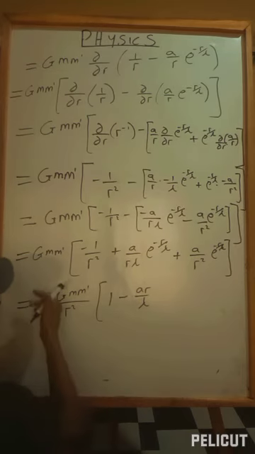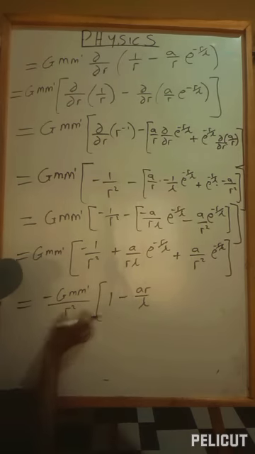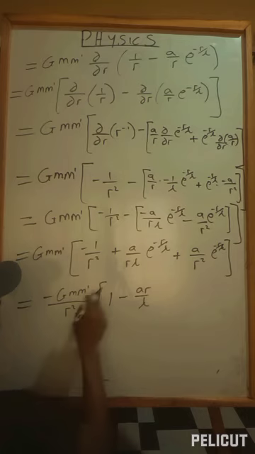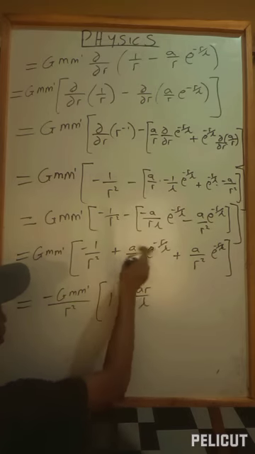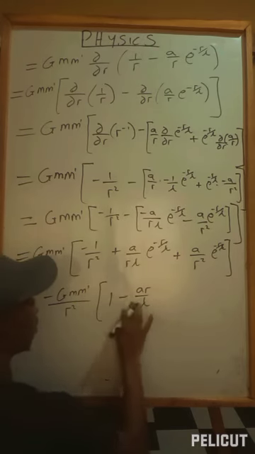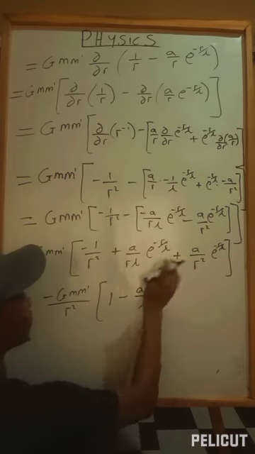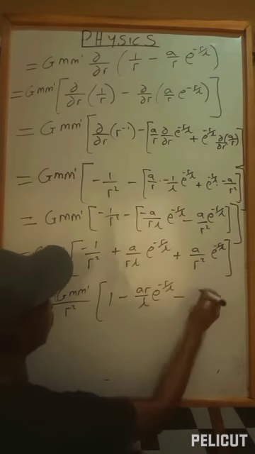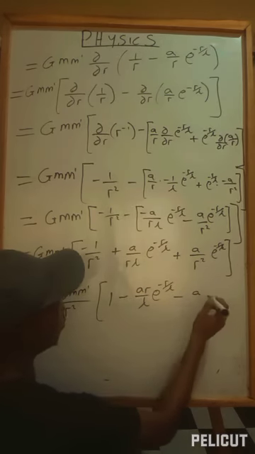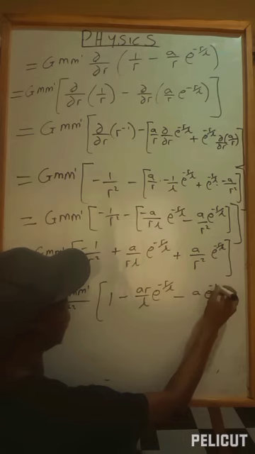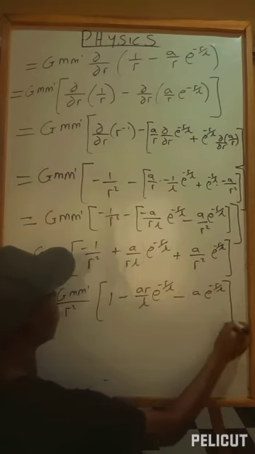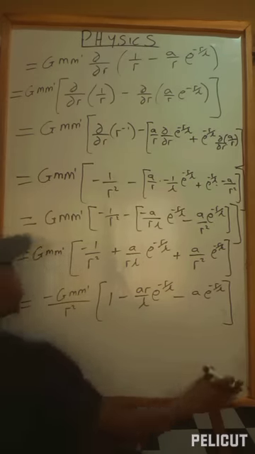If I bring the 1 over r squared back in, 1 over r squared times r is 1 over r, so the r will still be there. I want to assume you know what I've done there. So this is going to be exponential minus r over lambda. Then we have minus a exponential minus r over lambda. So this is what we have.